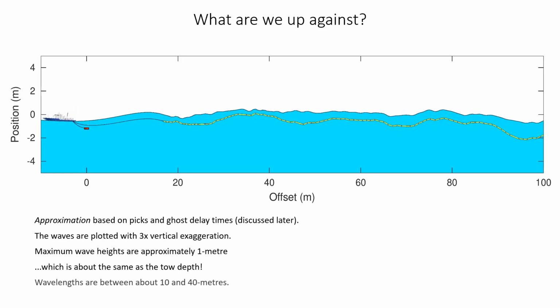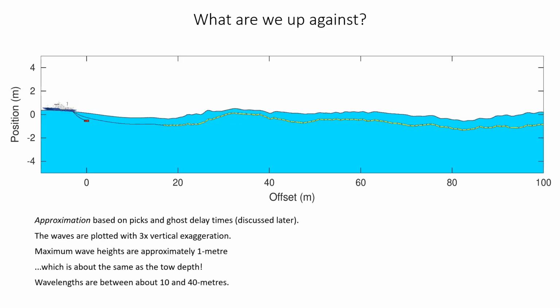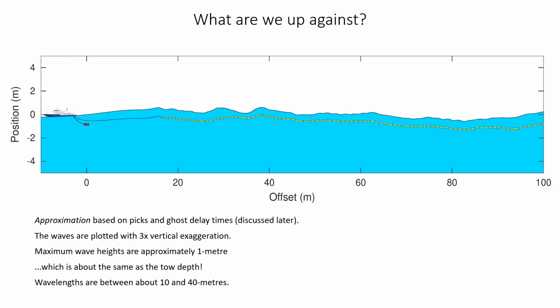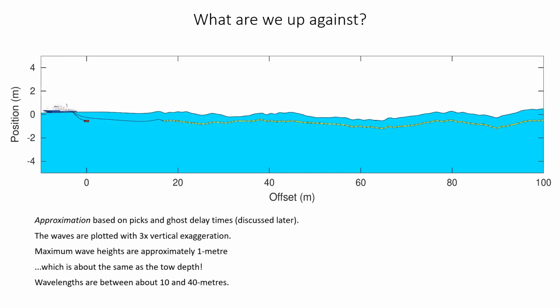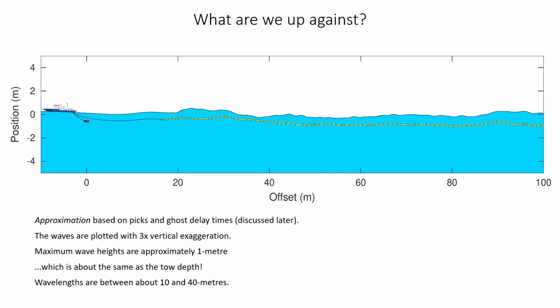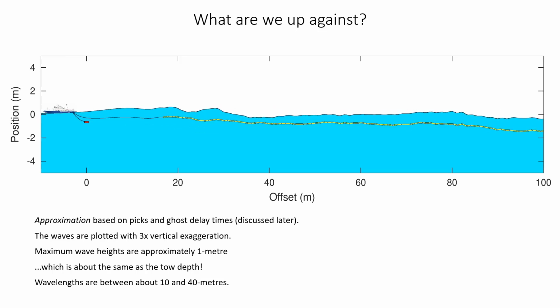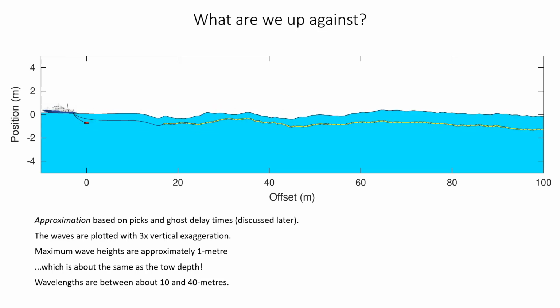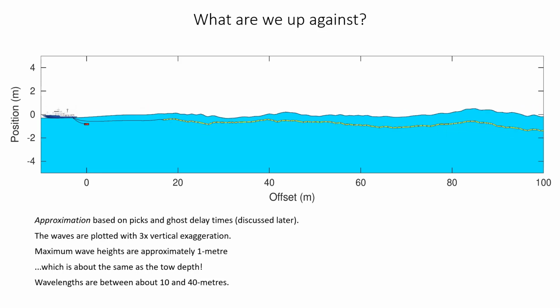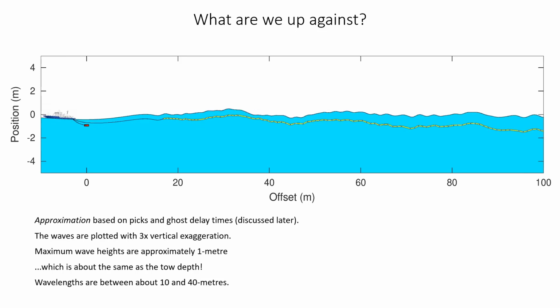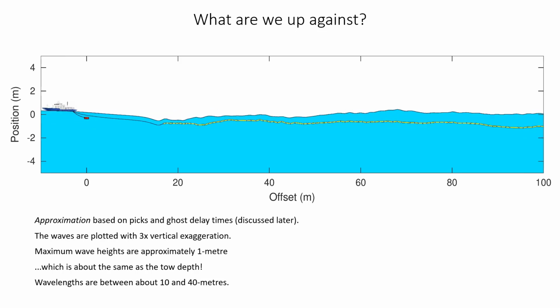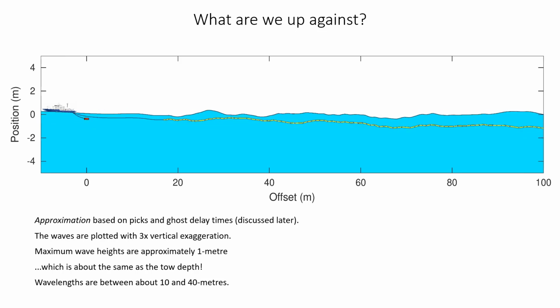The waves are plotted with about a 3 times vertical exaggeration, and the maximum wave heights are about 1 meter. So as I said before, we're towing at about 1 meter, and we've got waves of about 1 meter. And remember, that's the wave height, so the peak to trough difference is about 2 meters. And wavelengths in this case are about 10 to 40 meters for the water surface.